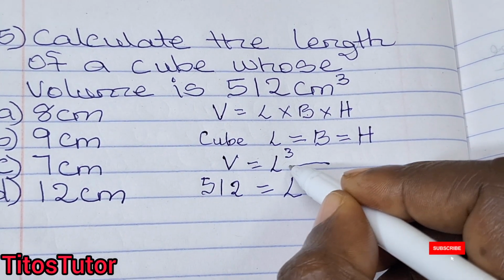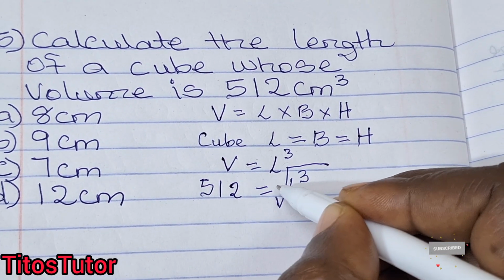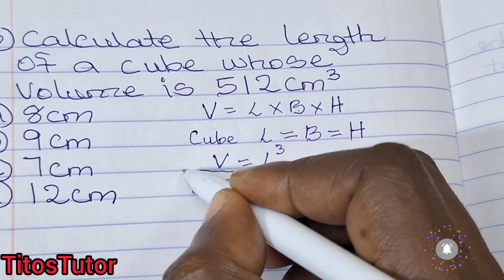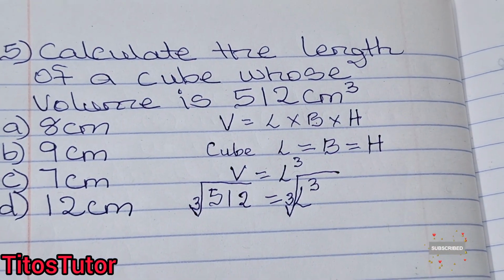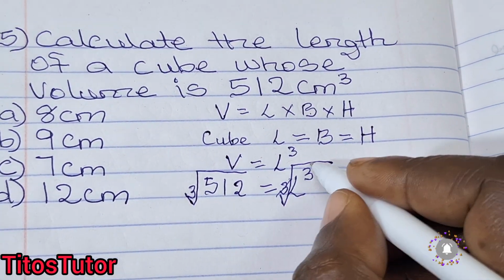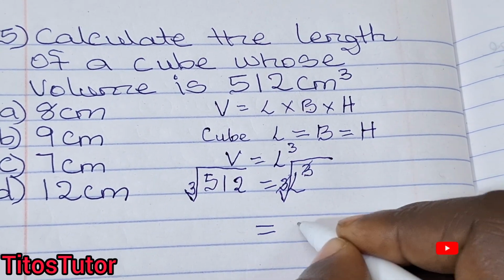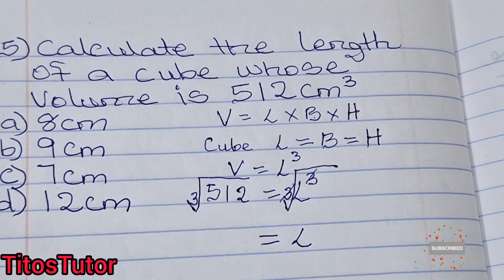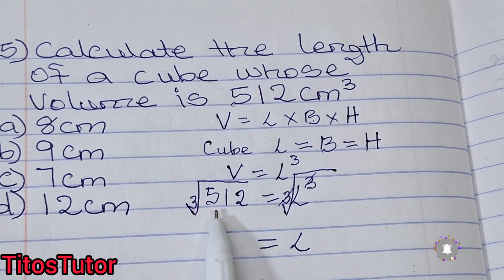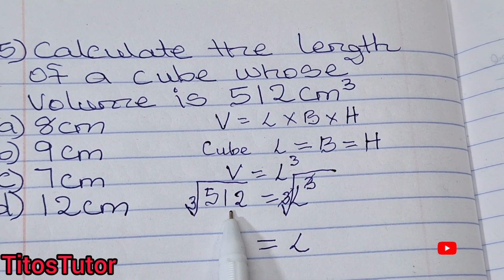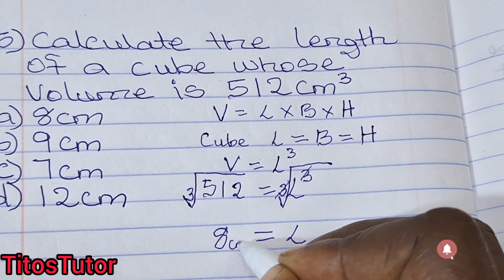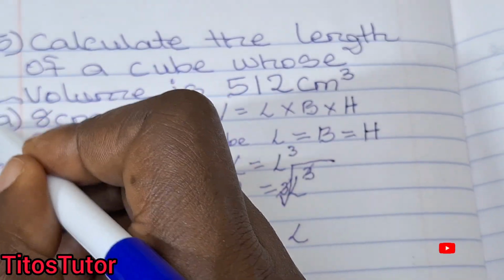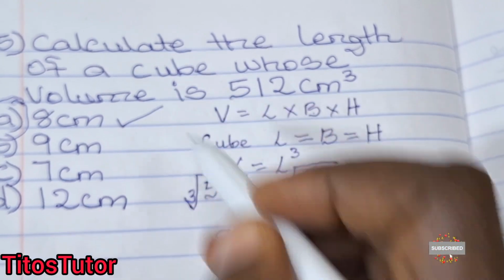So I'm going to cube root both sides, so that the cube root cancels the cube and I'm left with L. Now, what is the cube root of 512? It's 8, right? So your answer is 8 cm, which is A and is correct.